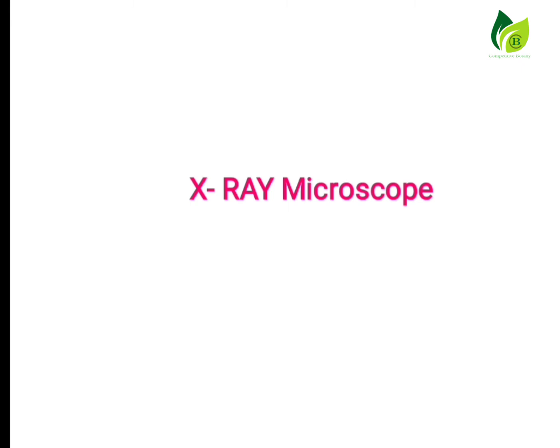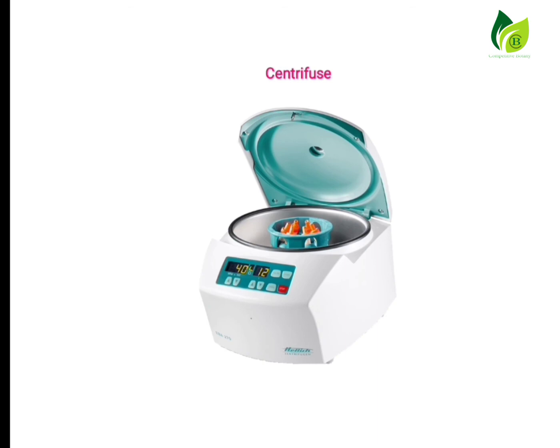Next I would like to give you a brief account of important laboratory techniques like centrifuge and electrophoresis. The first one is centrifuge. Centrifuge is an apparatus used to separate particles suspended in a solution by centrifugal force.